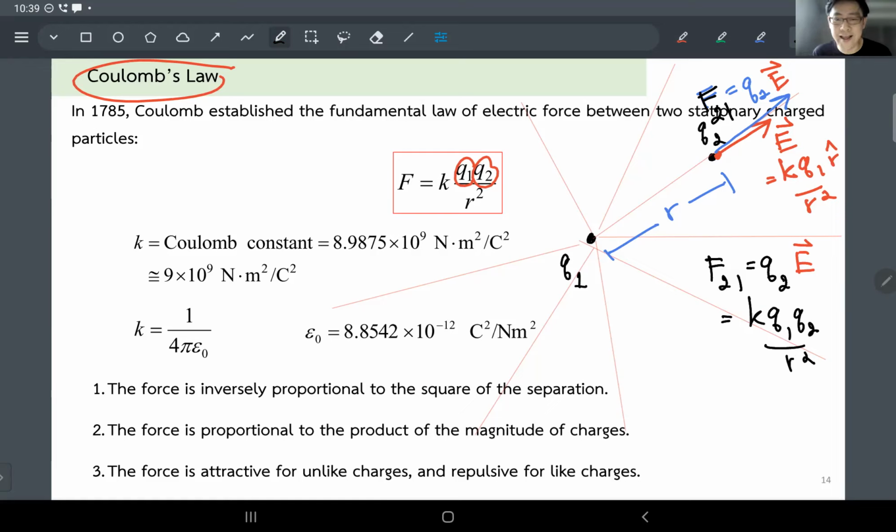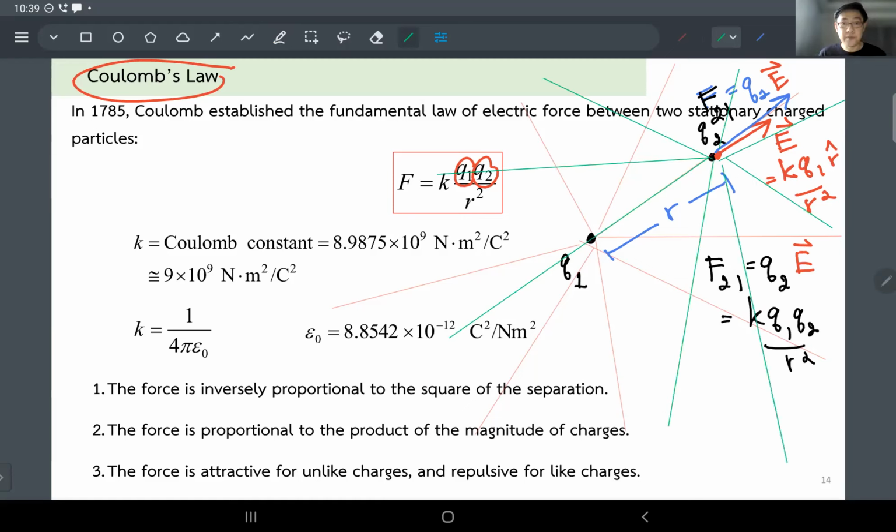All right, and you do the same thing equally in the opposite direction. So think of Q1 being affected by Q2. Q2 itself will generate an electric field around it as well. So they have their own electric field. At the position of Q1, the electric field due to Q2 will point outward as well.